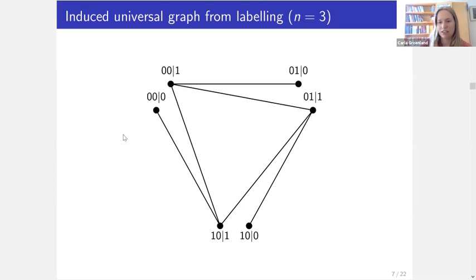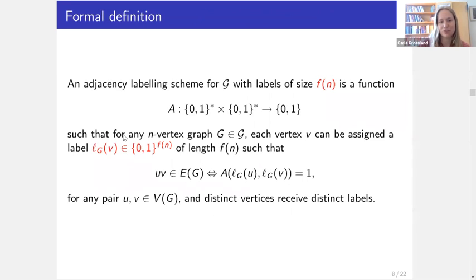Okay, so let's now look at the more formal definition of such an adjacency labeling scheme. This is a little bit of a mouthful. In the end, you're getting 2 labels, which are just 2 bit strings, and then we want to decide whether the 2 vertices are adjacent or not.